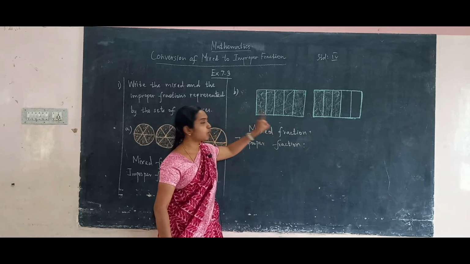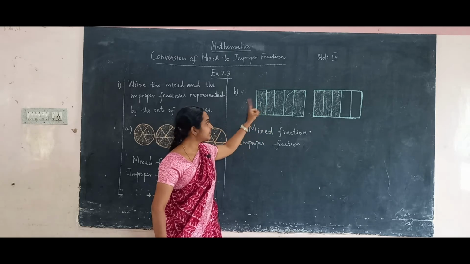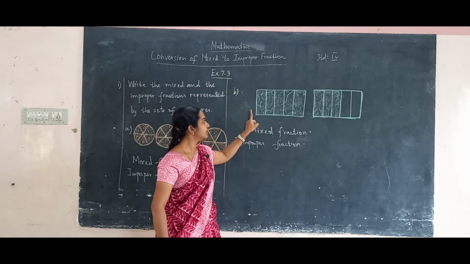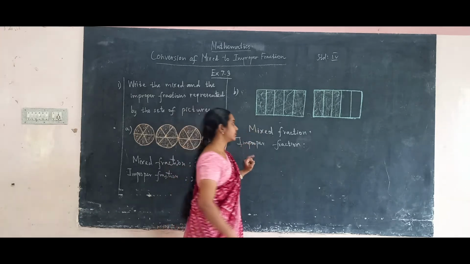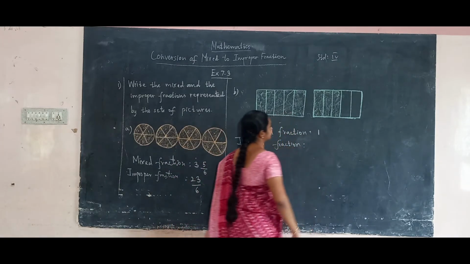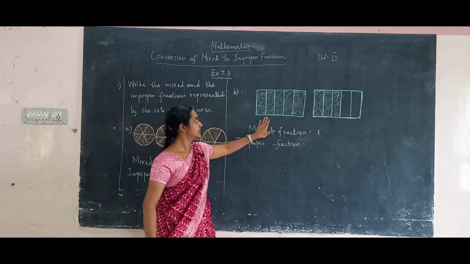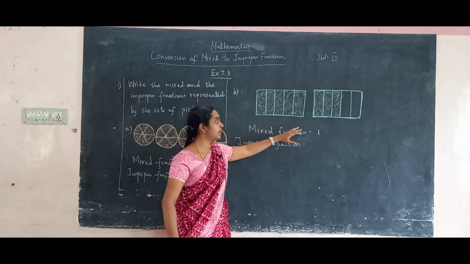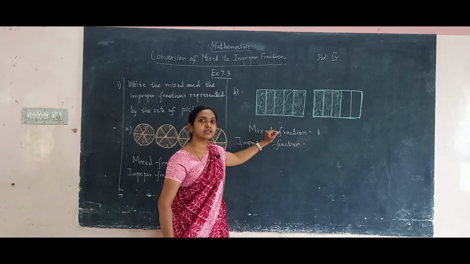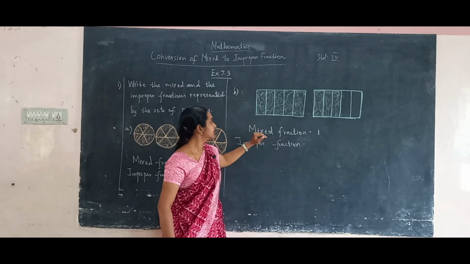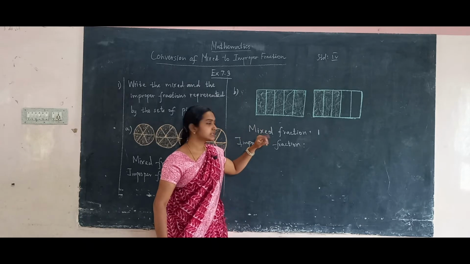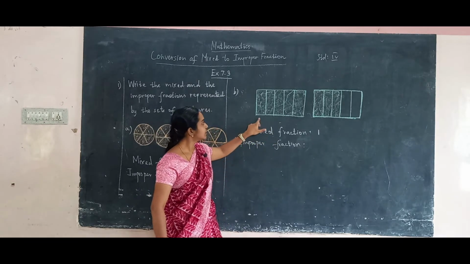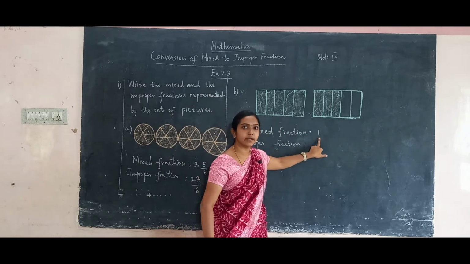Here, only one whole part is completely shaded. So we have to consider 1 as the whole number here. First, we have to look at the whole parts. How many whole parts are shaded completely? Here, only one part is shaded completely. So this one will be written as the whole number.